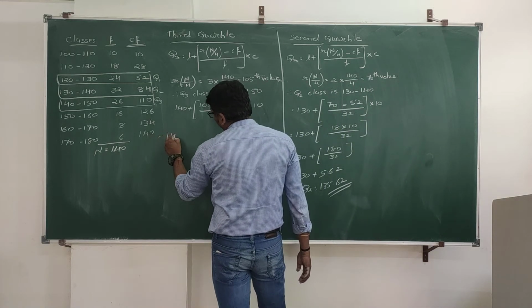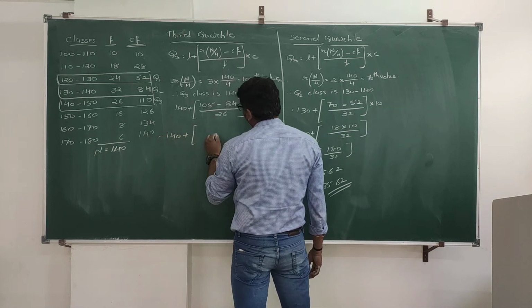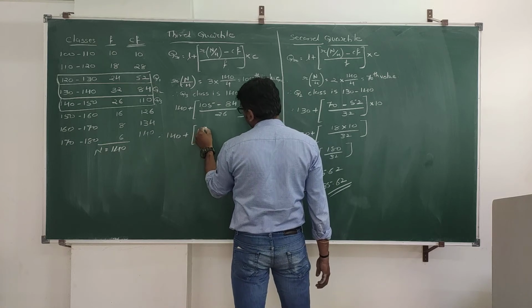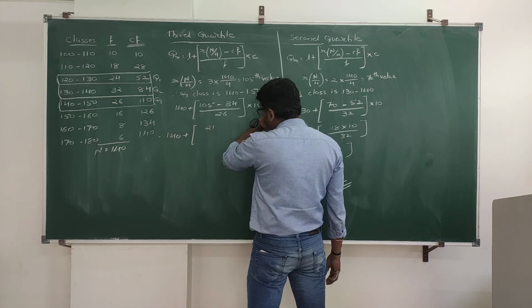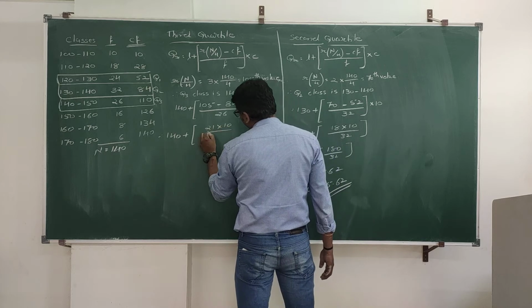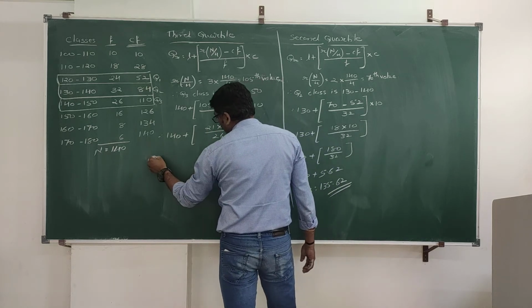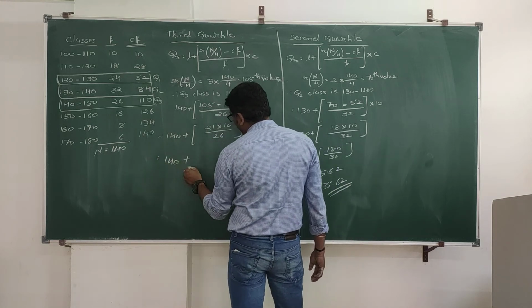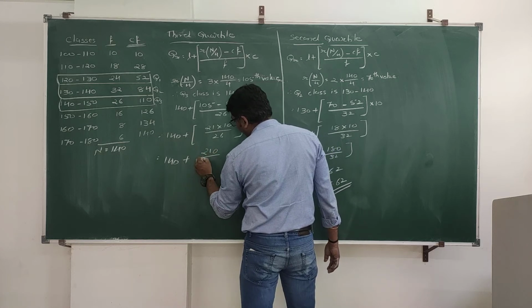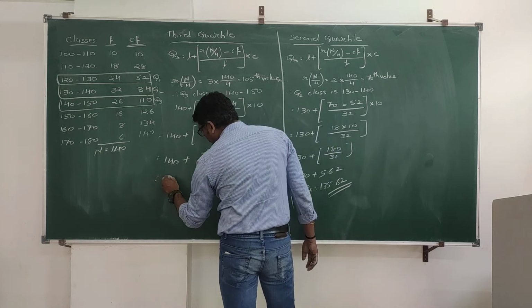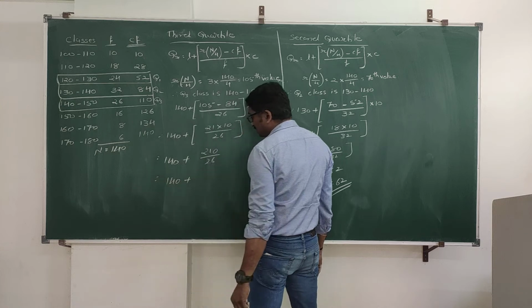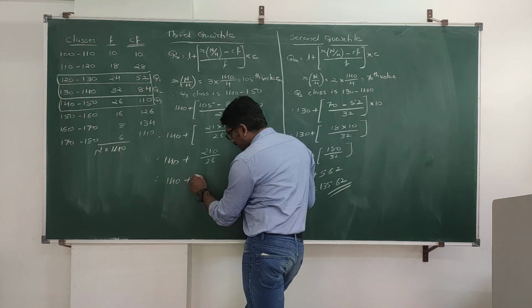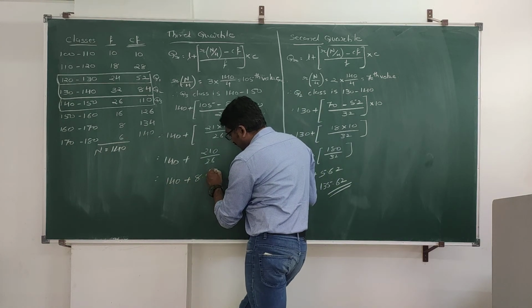So 140 plus 105 minus 84 is nothing but 21 into 10 divided by 26. So 140 plus 210 divided by 26, which is equal to 140 plus 8.07.